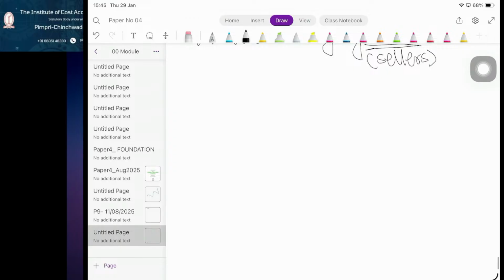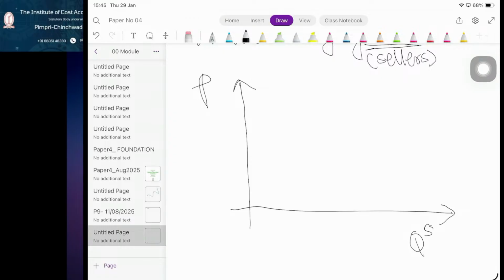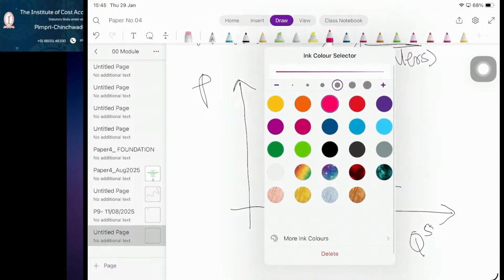So let us put it like this. Okay, can you all draw the graph of quantity supplied? Like I'll draw the demand curve. This is the demand curve, not the supply curve. Can you all draw the supply curve?